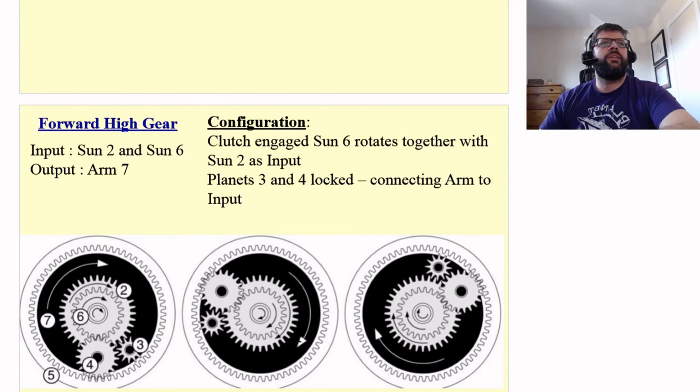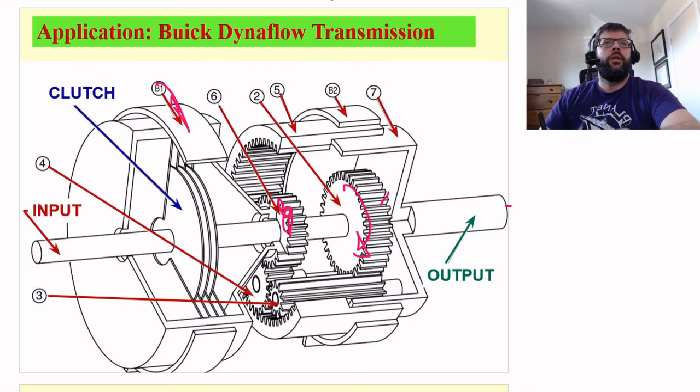So when we do that, just let me erase these lines here. So if we do that, this clutch engages, B1 disengages, obviously. So then these two things are both rotating at the same speed.